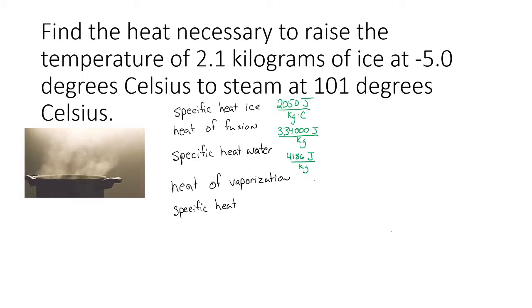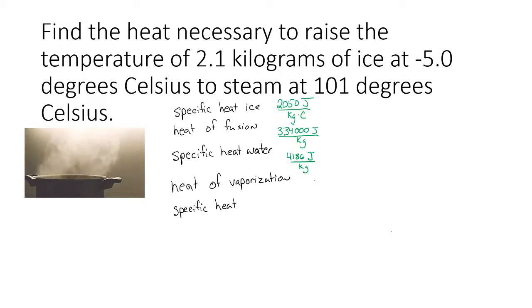If you look at your chart, you'll see that there's nothing on the chart that has even close to a similar specific heat as that of water. Again, that's what makes our planet's environment so stable. And we also want to look at the heat of vaporization of water.